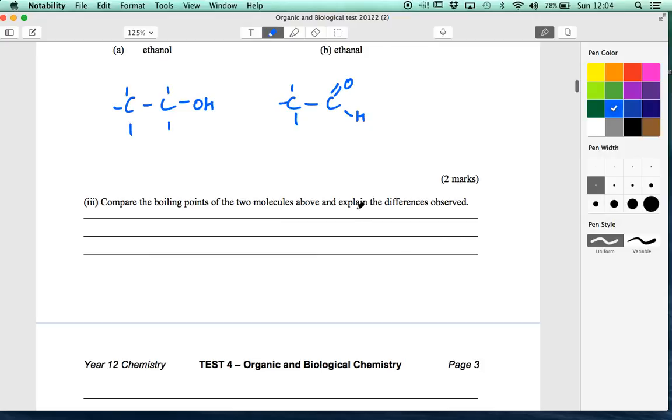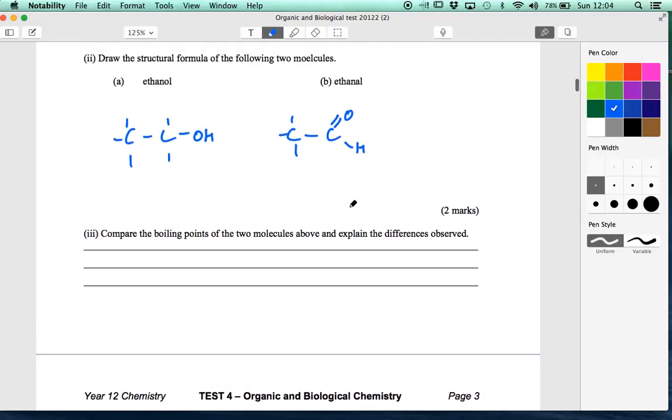It says compare the boiling points of the 2 molecules and explain the differences observed. Okay, so looking through here, you'd have to say that they're both small molecules, and you would expect them to both have high boiling points. This is because of the hydrogen bonding that can occur here.